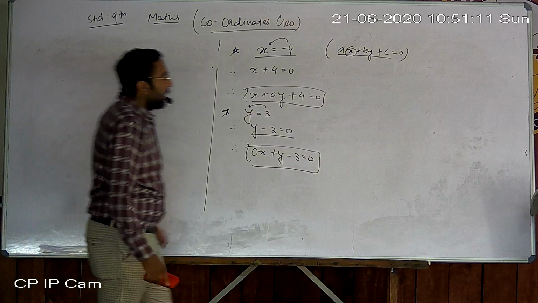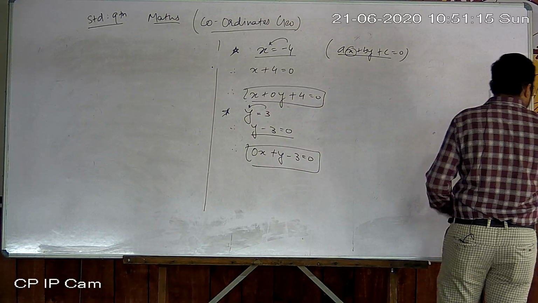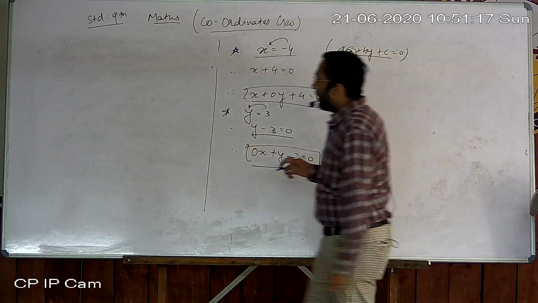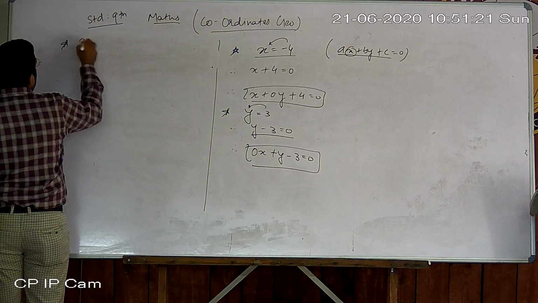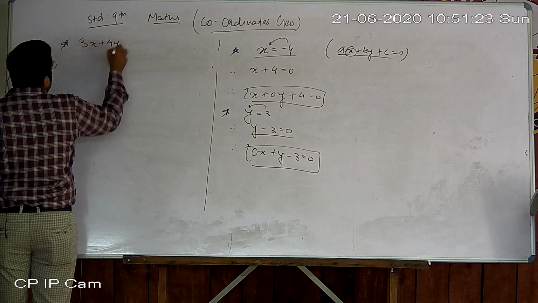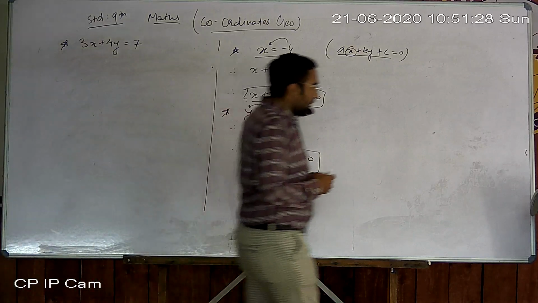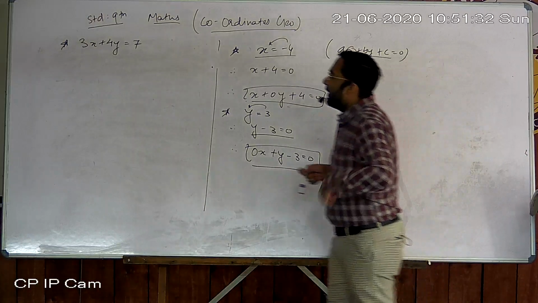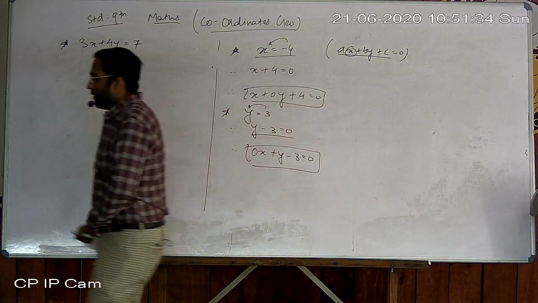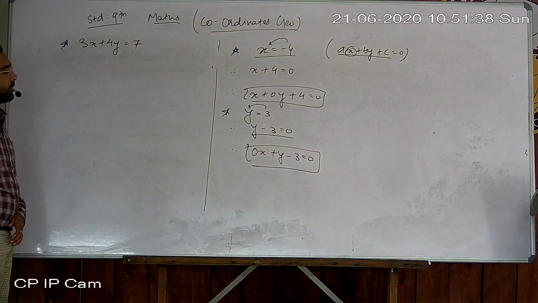Now my question is 3x plus 4y is equal to 7. Now solve it using the values of different kinds of x or y.